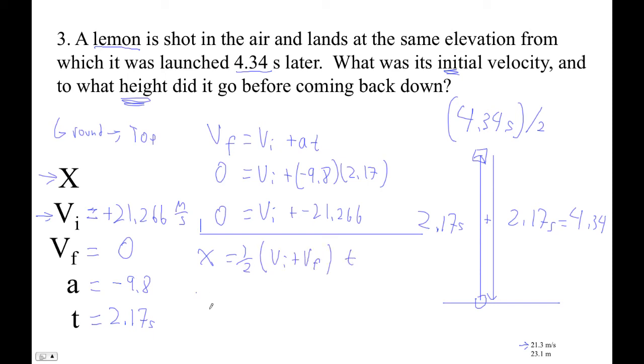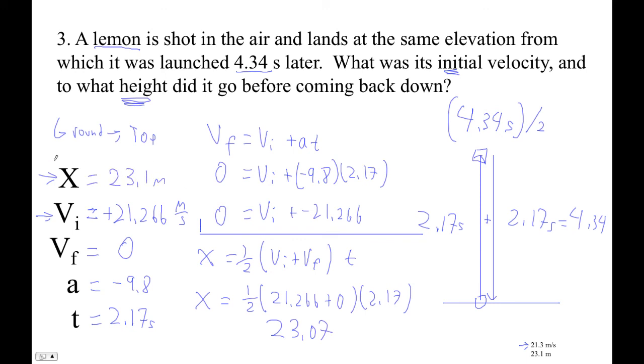So x is equal to 1/2 times 21.266 plus 0, times 2.17. Let's go that guy times 0.5 times 2.17, and we get 23.07, so that's about 23.1 meters.